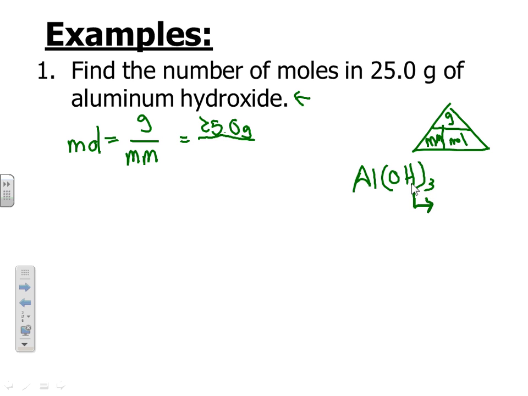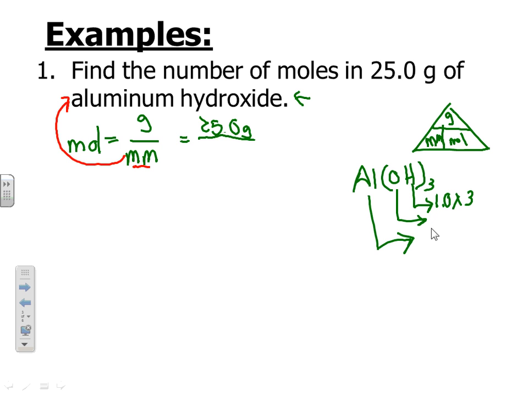So I need a molar mass of aluminum hydroxide. So what does this mean? Whenever you've got to find a molar mass, you need to go looking for the formula. So as soon as you need to find the molar mass in this equation, you need to go to the formula.